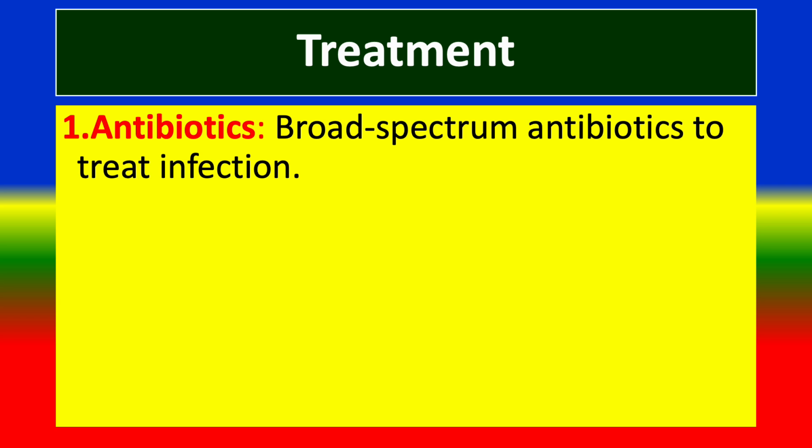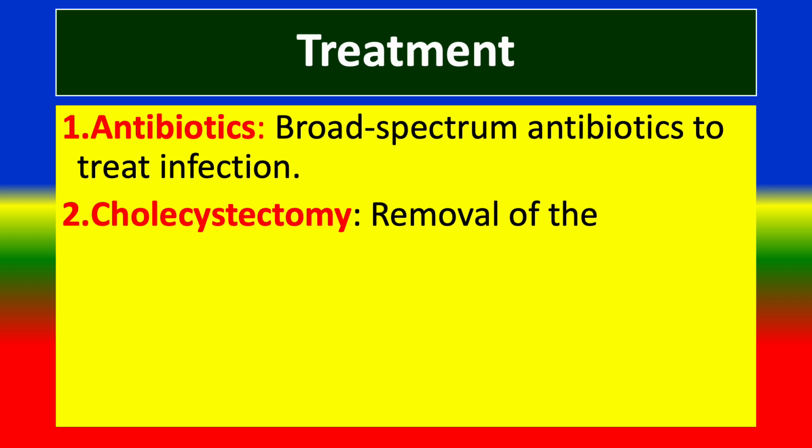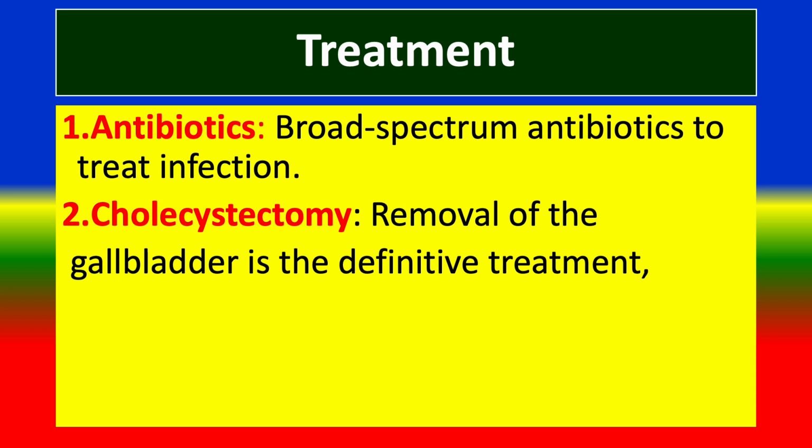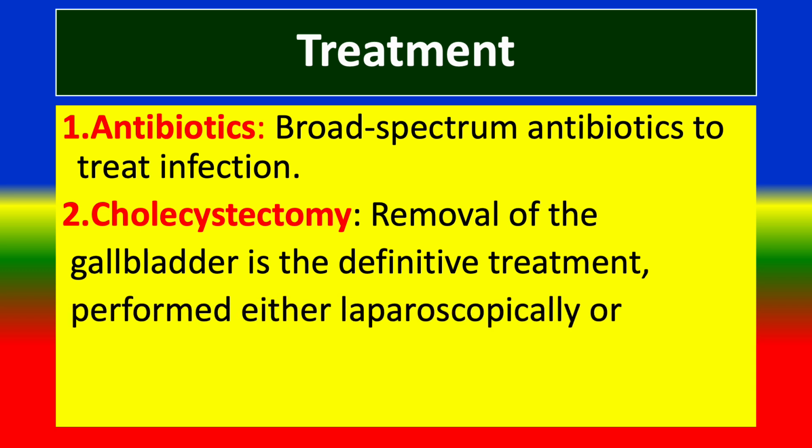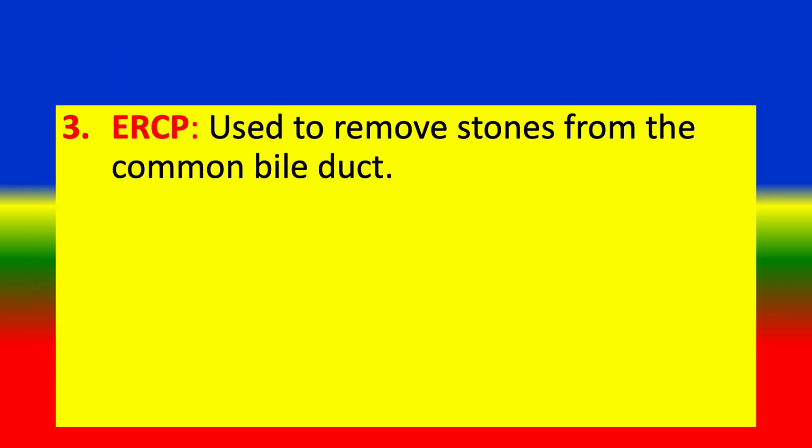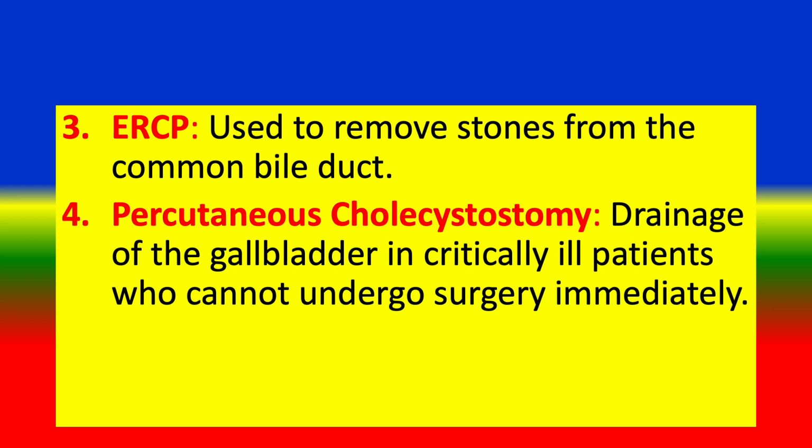Antibiotics, broad spectrum antibiotics to treat infection. 2. Cholecystectomy, removal of the gallbladder is the definitive treatment, performed either laparoscopically or through open surgery. 3. ERCP, used to remove stones from the common bile duct.